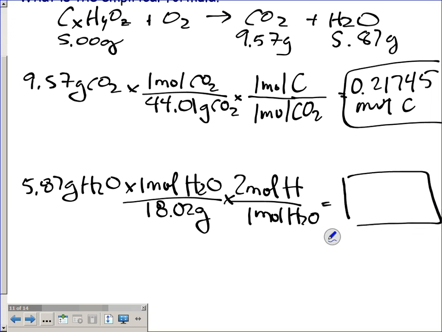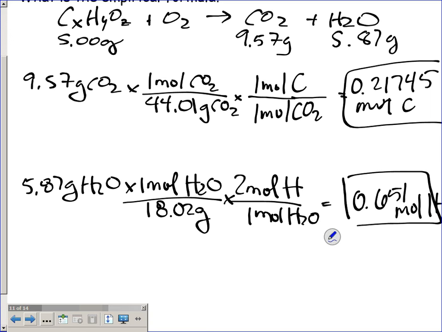That is 0.651 moles of hydrogen. Okay. So there we're sitting comfortable, right? What was different about the oxygen-containing ones in the instructions? From what? From the total hydrocarbon. Okay.